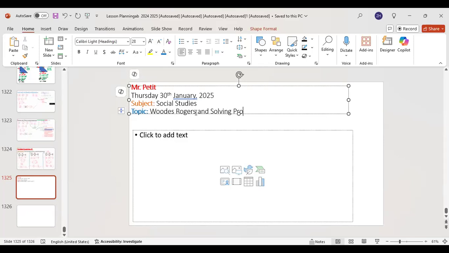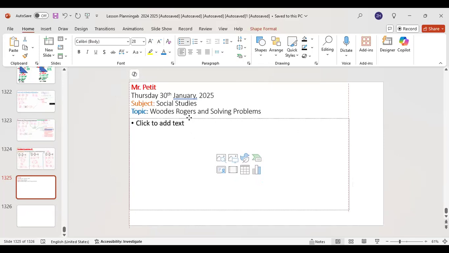Woodes Rogers and solving problems. So we're going to talk about the problems that he encountered and how he decided to fix them.